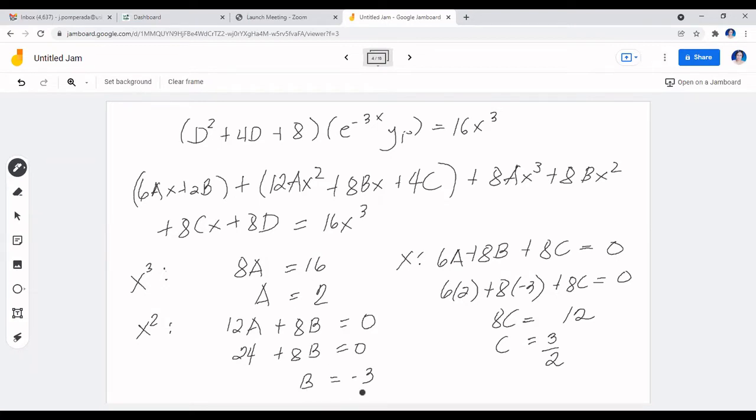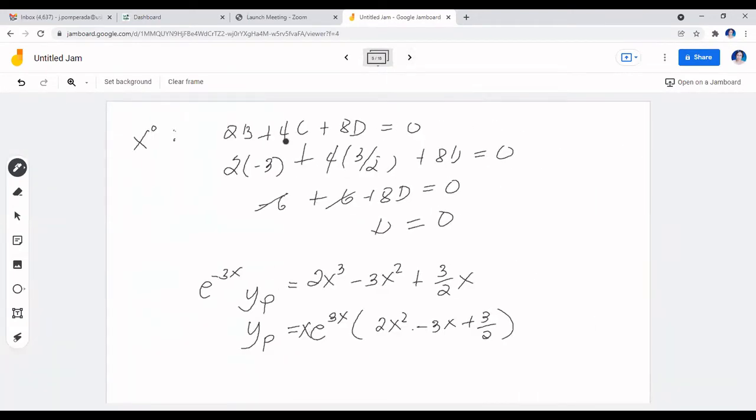So b is -3. For the terms having x, you have 6a plus 8b plus 8c. Still no x on the right, so it's 0. Substitute again the values you know for a and b and solve for c. Now for d, you're after the constants. So x raised to 0 is 1.